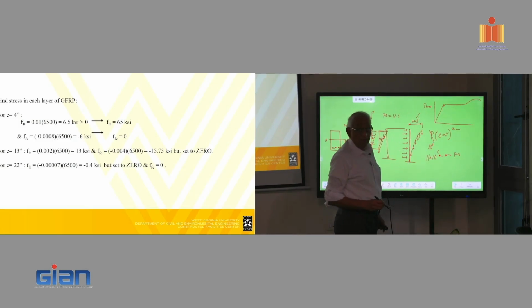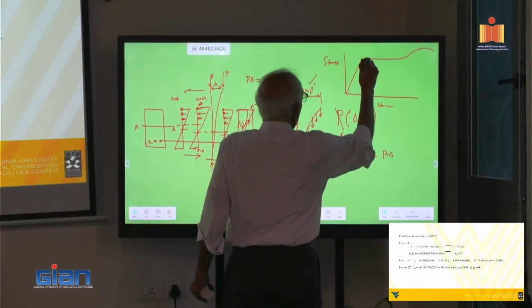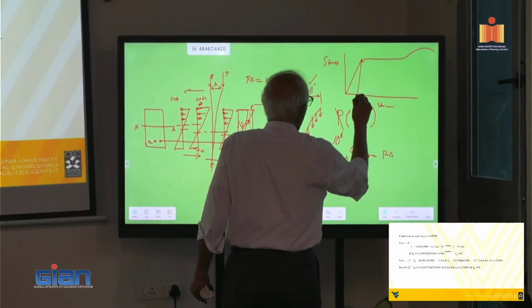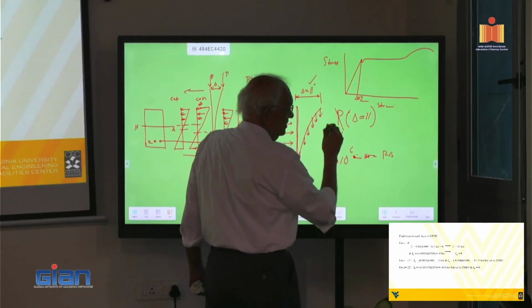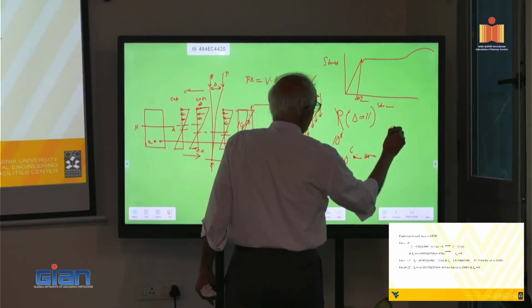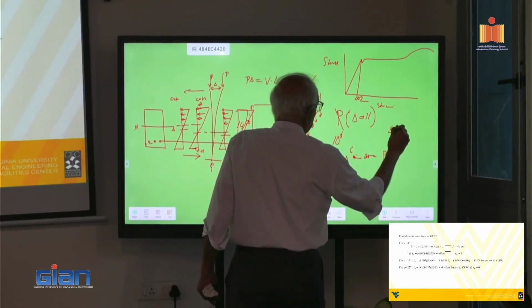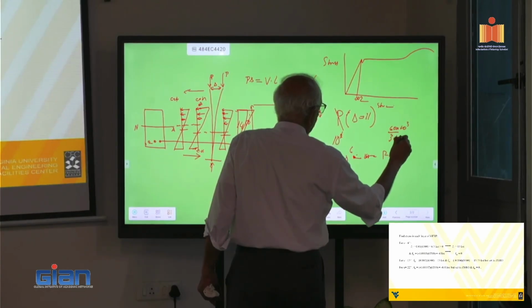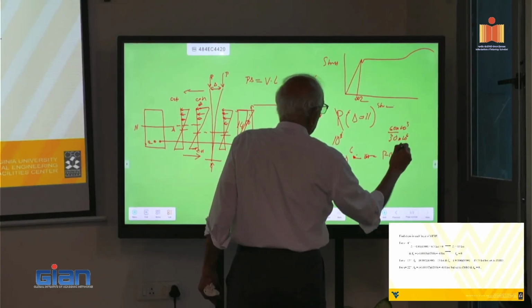This value is 0.002. 30 or 60 divided by 30, 10 to the 3 by 10 to the 6, so it is 2 times 10 to the minus 3.